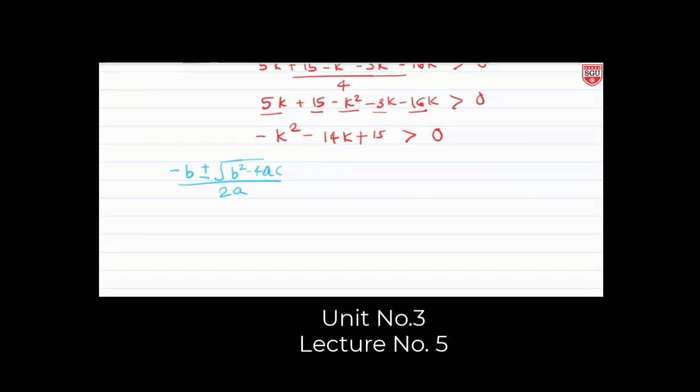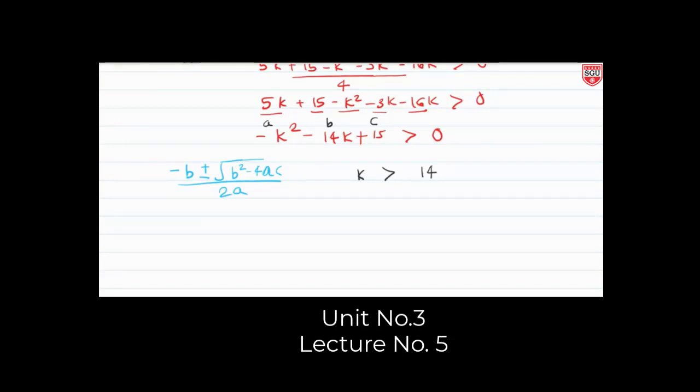So what can we write? K should be greater than, the first root. This is A, this is B, and this is C. A is minus 1, B is minus 14, and C is 15.